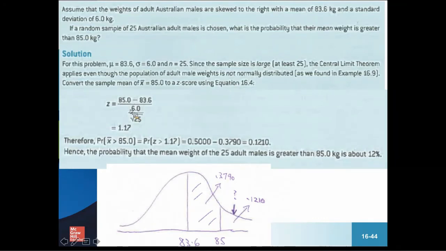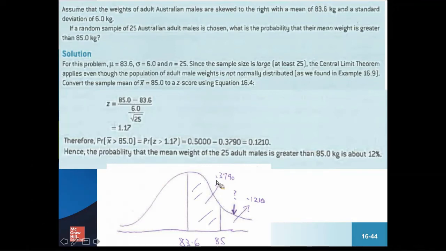Then I'd go 6 divided by recall memory equals, store that in memory. Then I know I've pretty much got the denominator covered. I've solved that. And then what I can do is go 85 minus 83.6 equals, divide by recall memory. And I've got my z-score of 1.17. I think it's still a good idea.